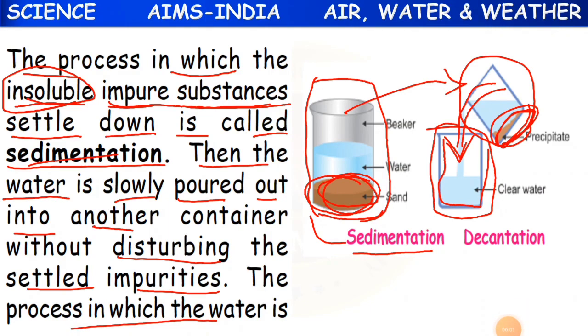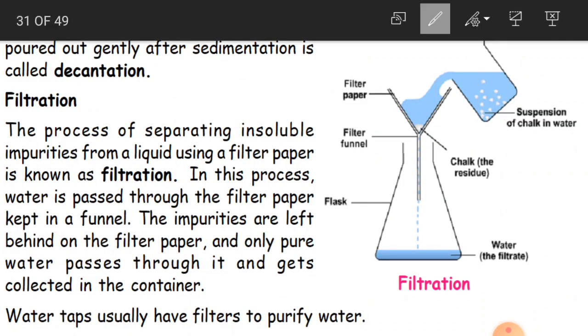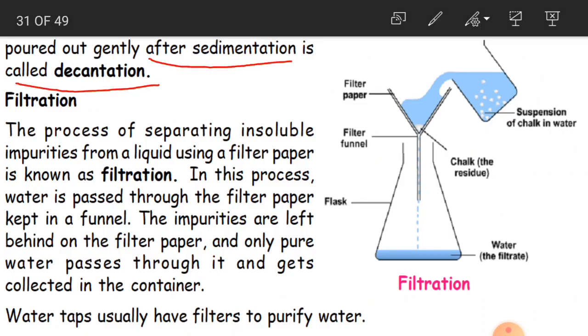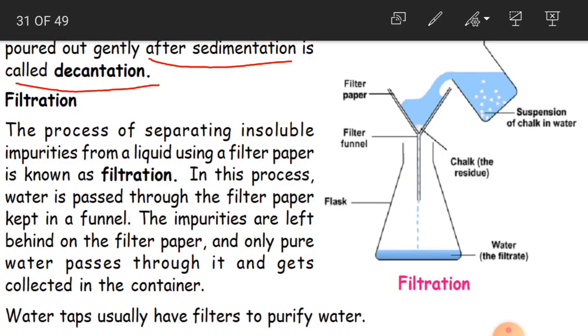The process in which the water is poured out gently after sedimentation is called decantation. So what is decantation, children? The process in which the water is poured. Here, see.